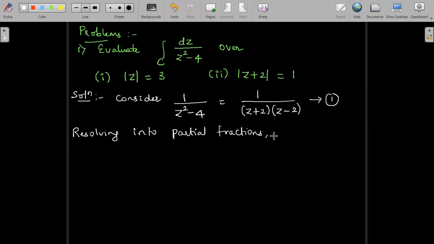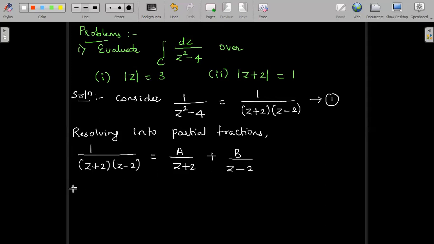Let us denote 1 divided by (z plus 2) into (z minus 2). Resolving this, we can write a divided by (z plus 2) plus b divided by (z minus 2). After taking the LCM on the right-hand side and cancelling the denominator, we can directly write 1 is equal to a into (z minus 2) plus b into (z plus 2).